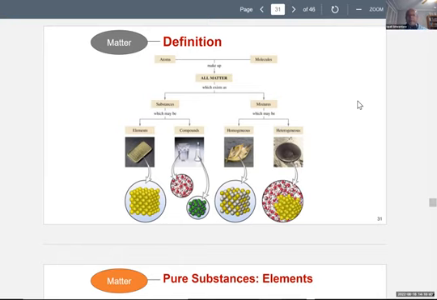That is the general definition. But according to chemistry, matter is composed of atoms, molecules, or ions. All matter is made up of atoms, molecules, and ions. We didn't write ions because ions come from losing or gaining electrons from atoms.